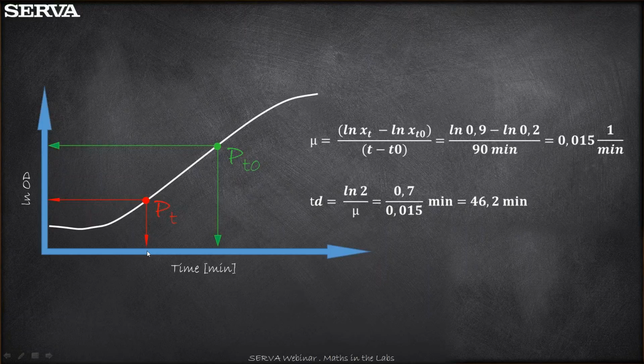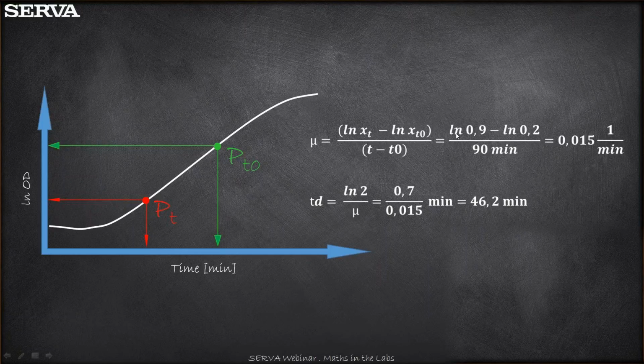So in my example, this is 90 minutes apart. So first you calculate a growth factor, and you can easily write down 90 minutes if you have considered my tip in advance.